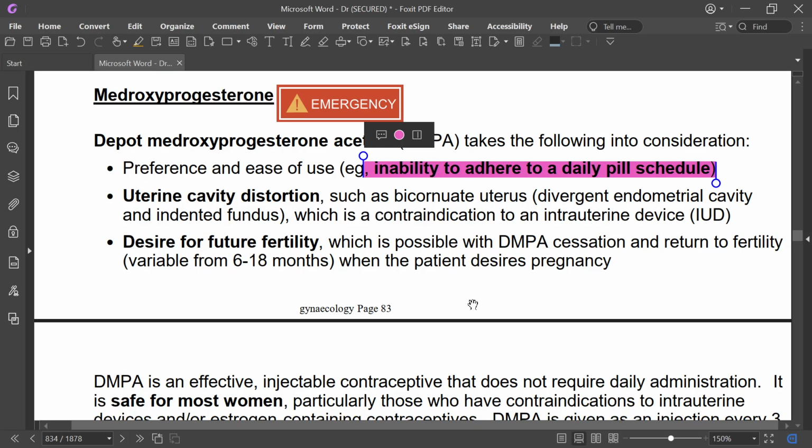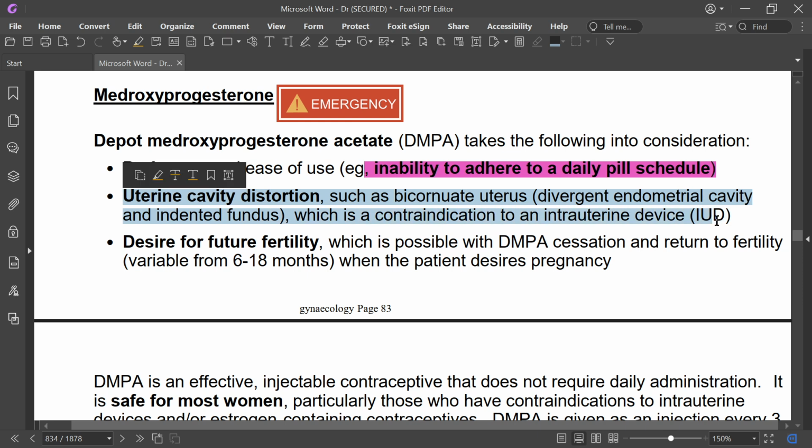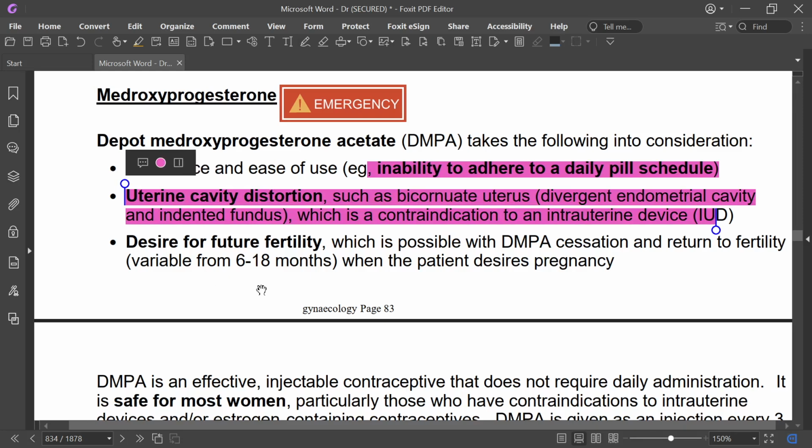Uterine cavity distortion, such as bicornuate uterus, is a contraindication to use of IUD. In here, you cannot use IUDs. And desire for future fertility is possible with DMPA cessation, and return to fertility is variable from 6 to 18 months when the patient desires pregnancy.